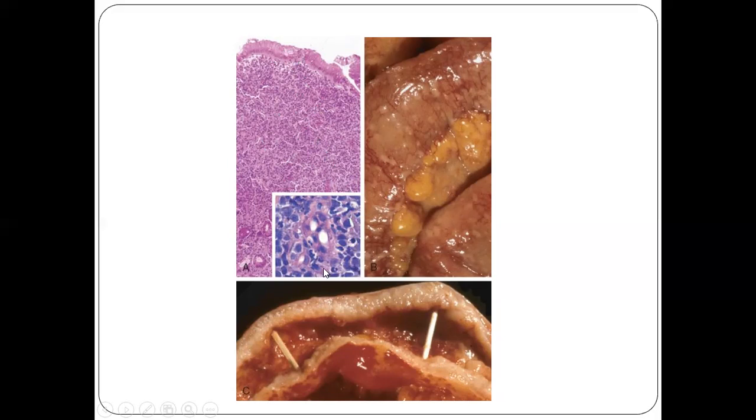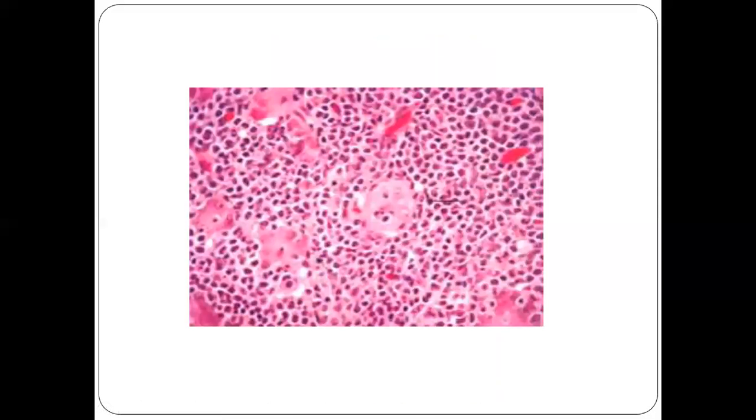This is at higher magnification, lymphoplasmacytic infiltration. And this is another view of gastric lymphoma, diffuse sheets of lymphoplasmacytic cells.